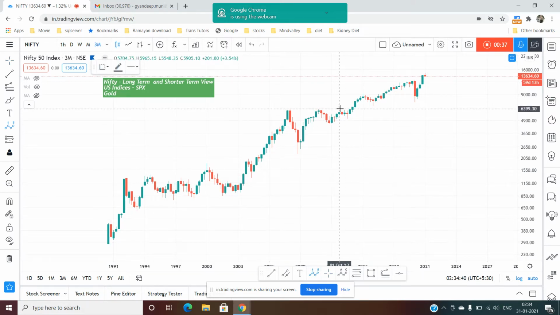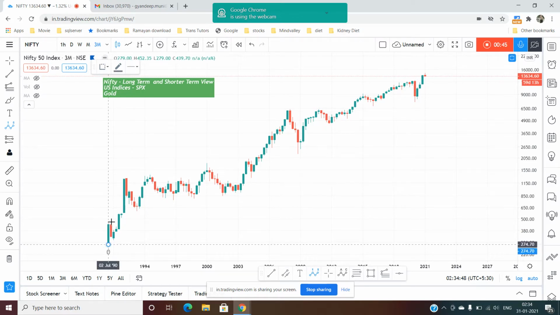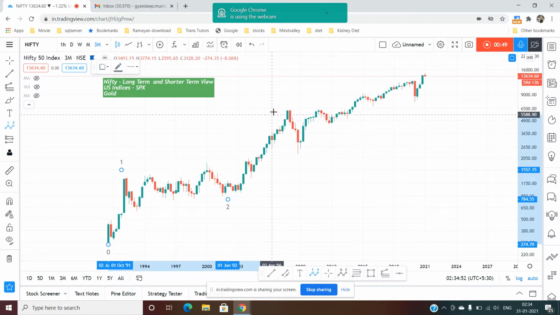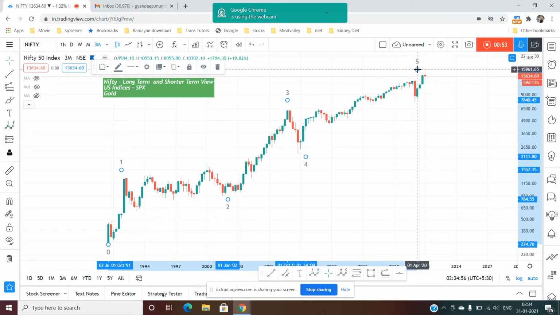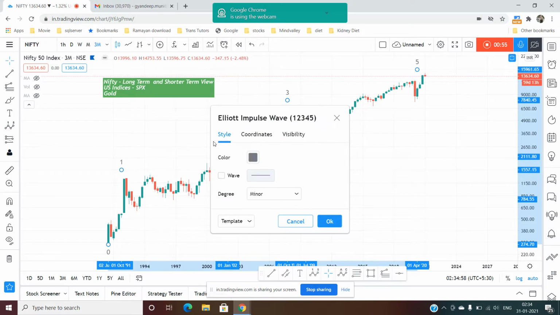So we'll talk about the waves here. This is a quarterly time frame of Nifty. It's a longer-term time frame, and we can see it has been divided into five waves. Now these are cyclic waves.